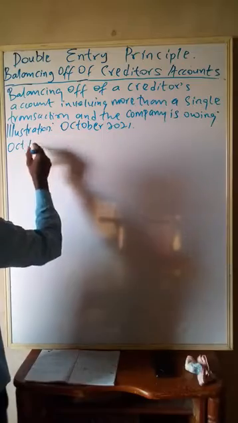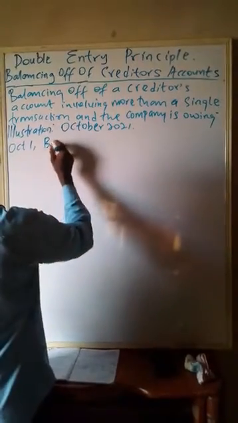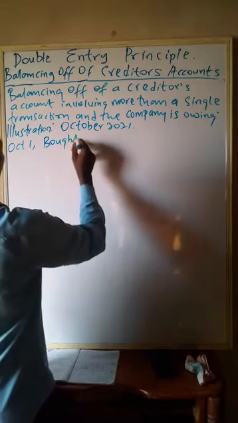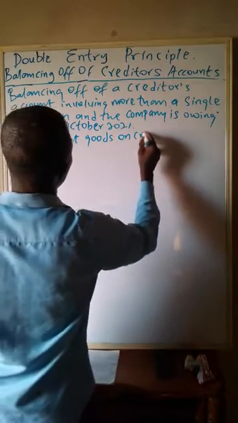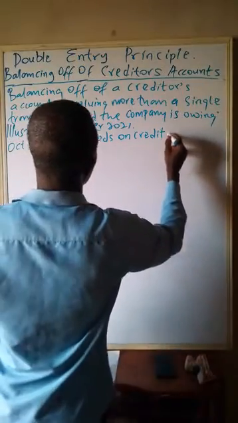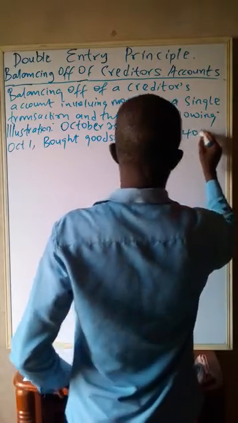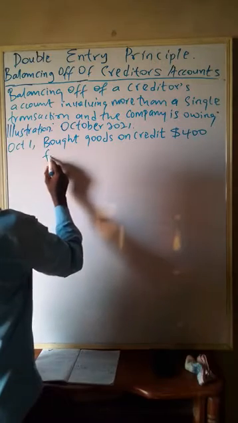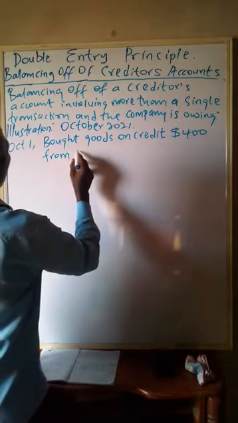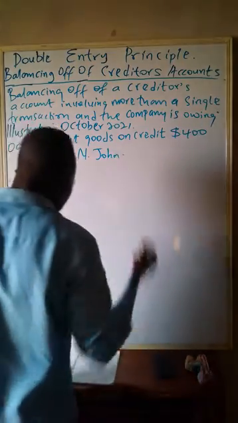October 1st, bought goods on credit, $400 from John.